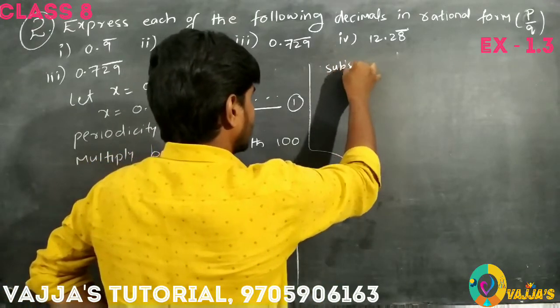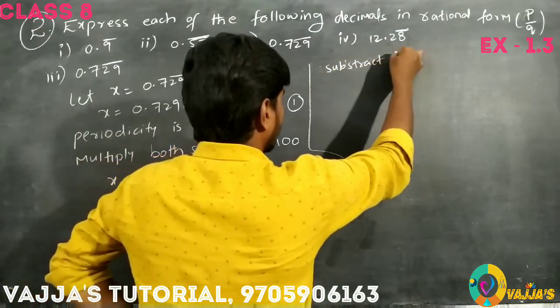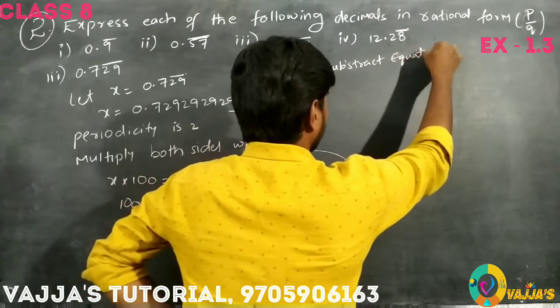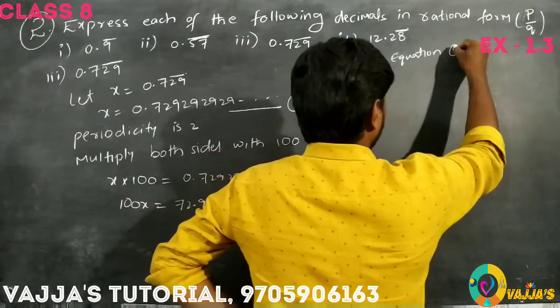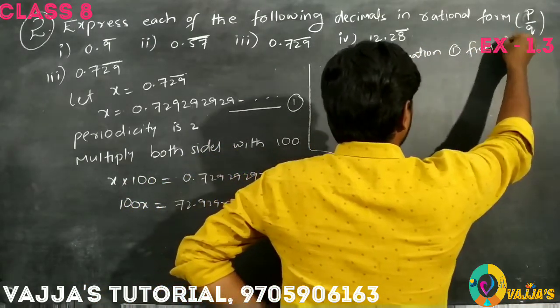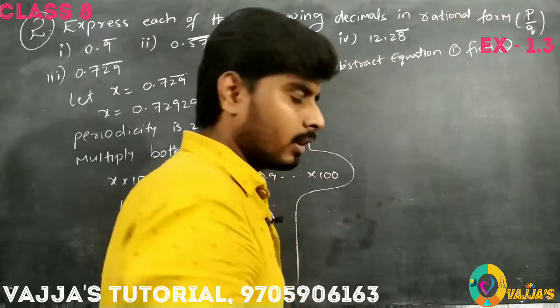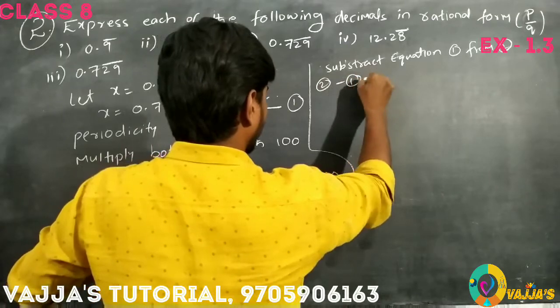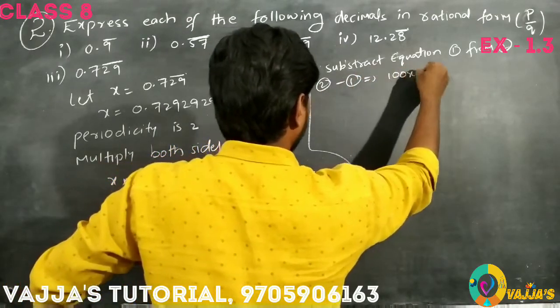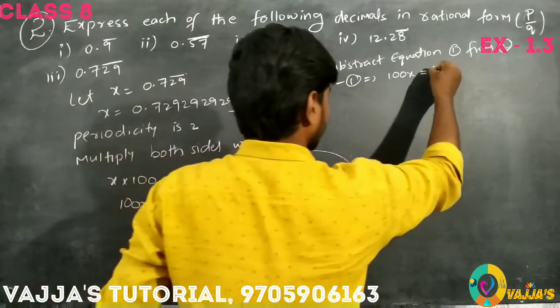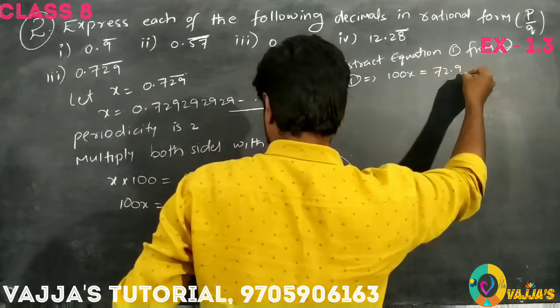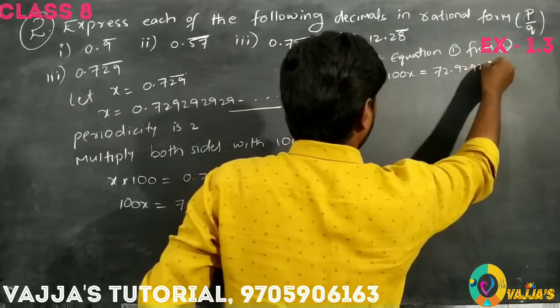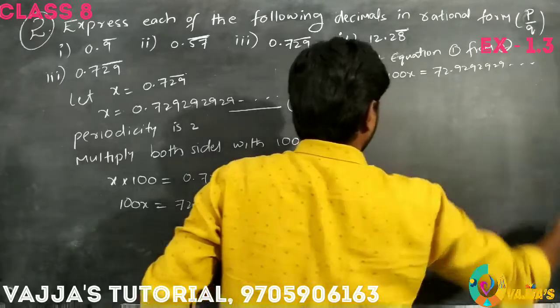Now subtract equation 1 from 2, isn't it? Right. Take equation 2 here. 2 minus 1 we are doing here. 100x is equal to 72.929 and so on.